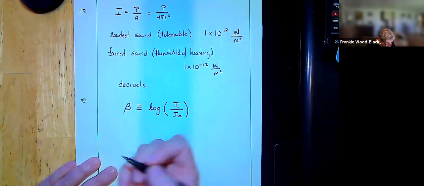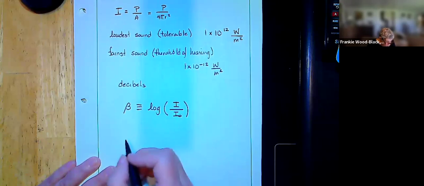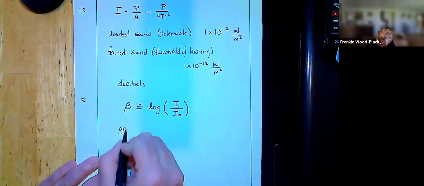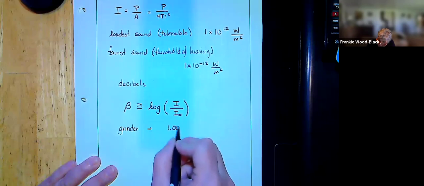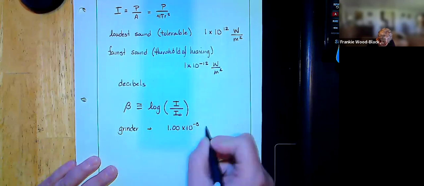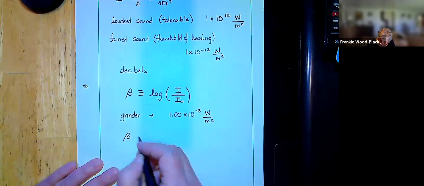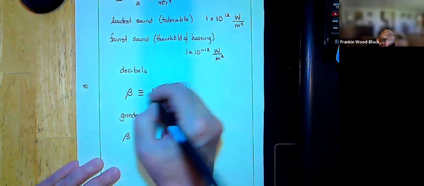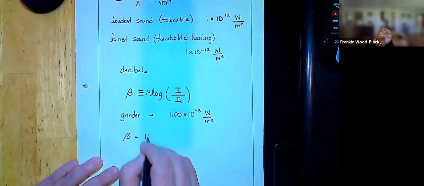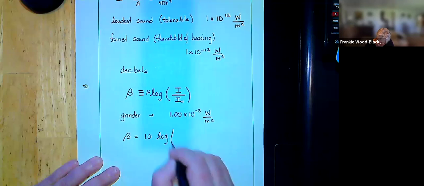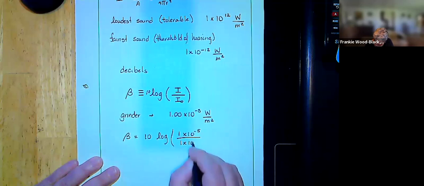Okay, we get that. So let's look at an intensity level. We could have a grinding machine with an intensity level of 1 times 10 to the minus 5 watts per meter squared. If I want to find my decibel level, oops, I forgot a 10. We put a 10 in front, my apologies. It is going to equal 10 times the log of 1 times 10 to the minus 5 divided by 1 times 10 to the minus 12.